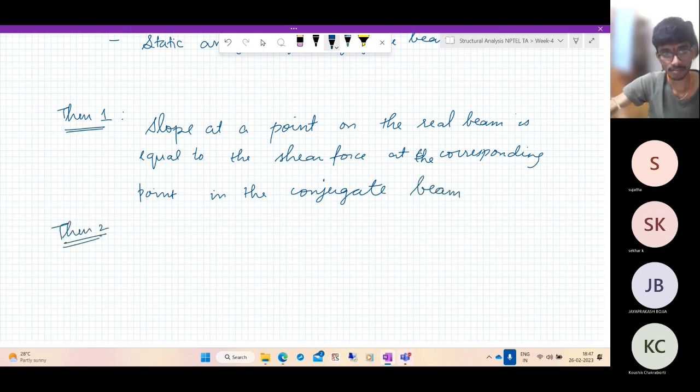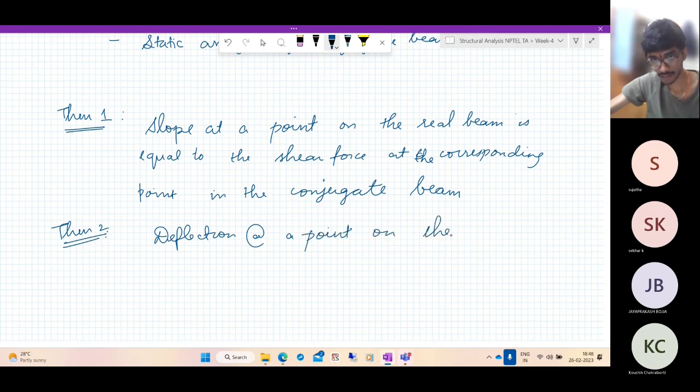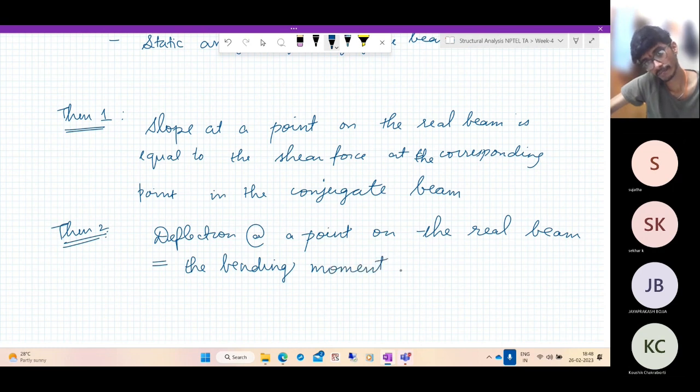And the other thing, of course, is that the deflection at a point on the real beam is numerically equal to the bending moment at the corresponding point on the conjugate beam.